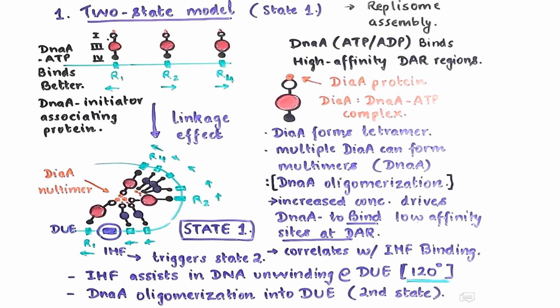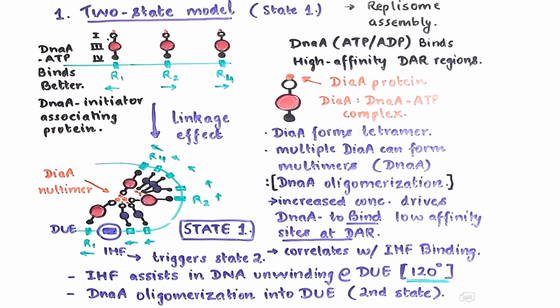So now we have to discuss DIA. DIA can form tetramers, and it can also form multimers, since DIA is bound to domain 1 of DNA A. This sort of association is called the linkage effect of DIA, and this drives the DNA A oligomerization.